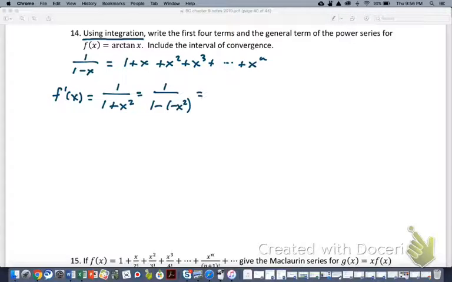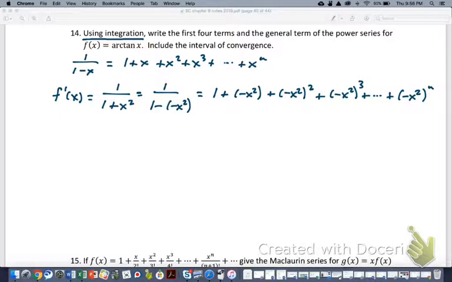So it would be 1 plus negative x squared plus negative x squared squared plus negative x squared cubed plus ... plus negative x squared to the n.